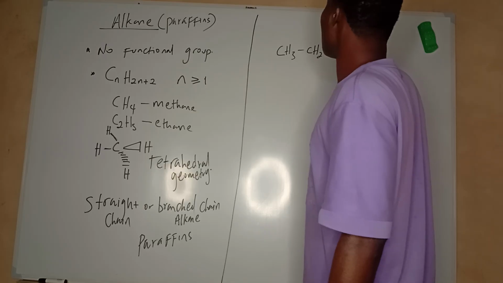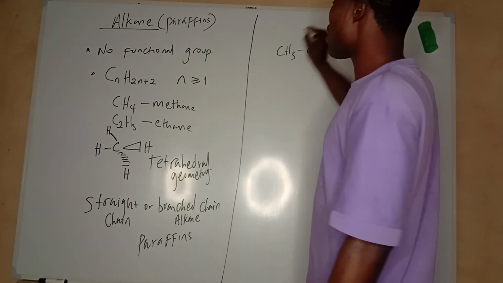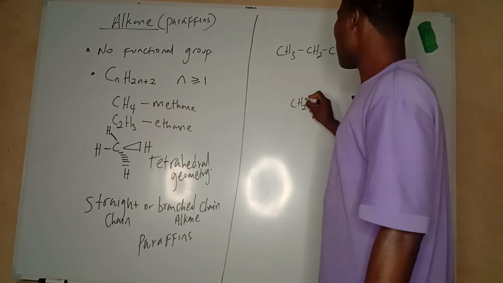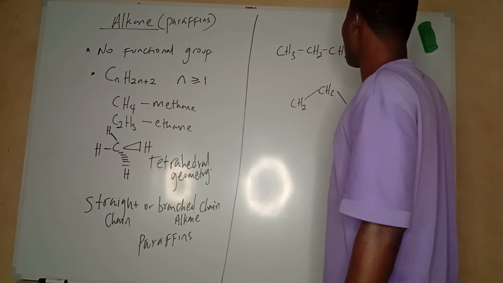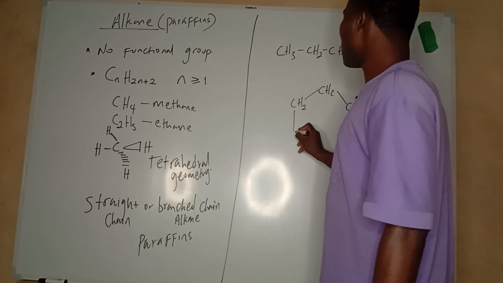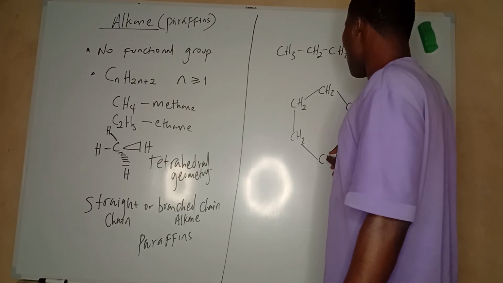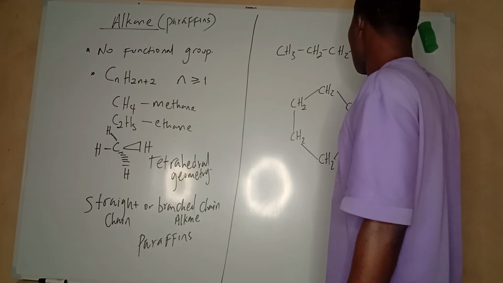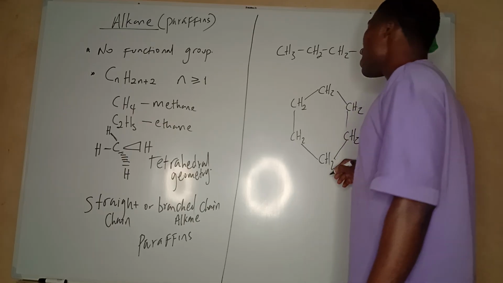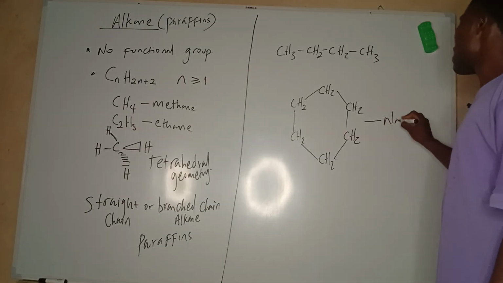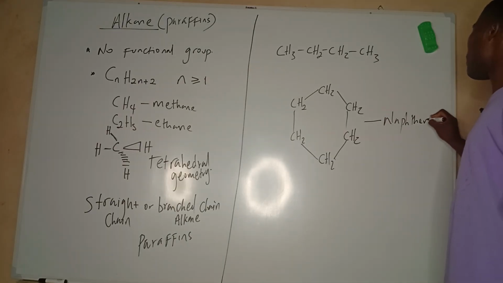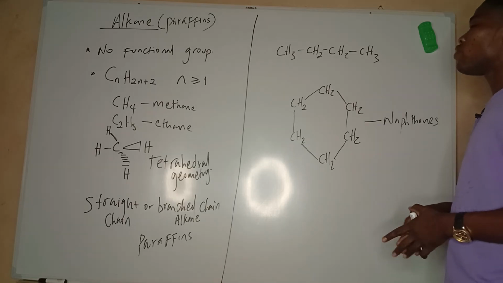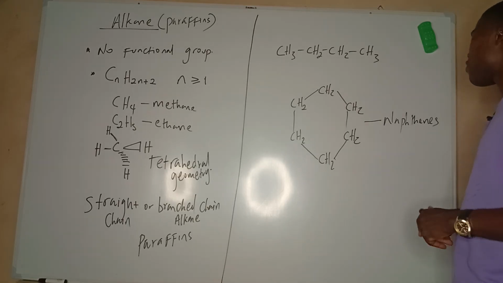When the aliphatic chain is like this, it is referred to as a paraffin. But when the aliphatic chain is cyclic, they are referred to as naphthenes. So cyclic chain alkanes are called naphthenes, and straight chain or branch chain alkanes are called paraffins.